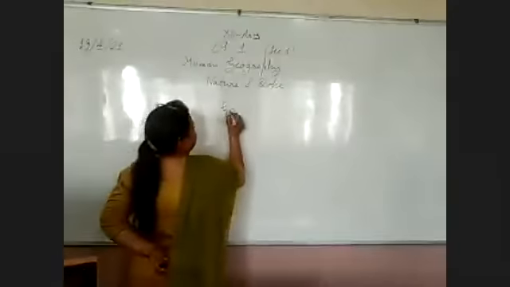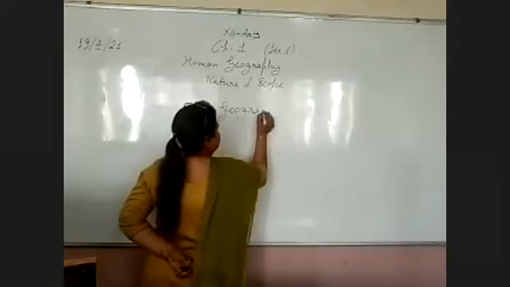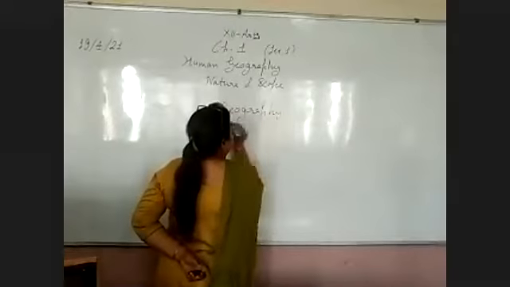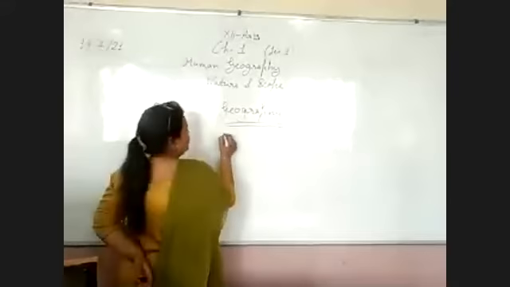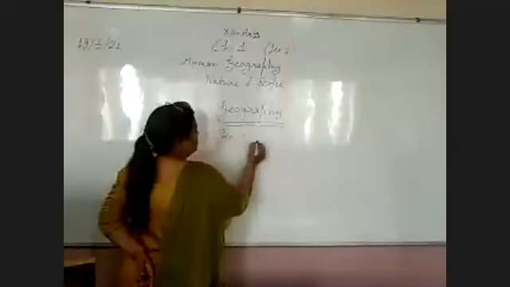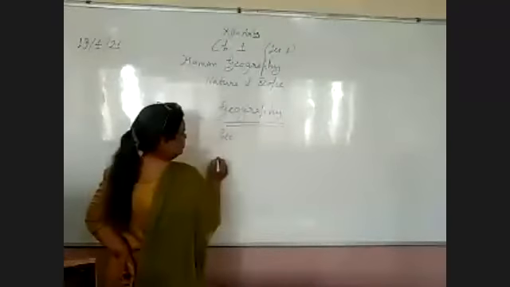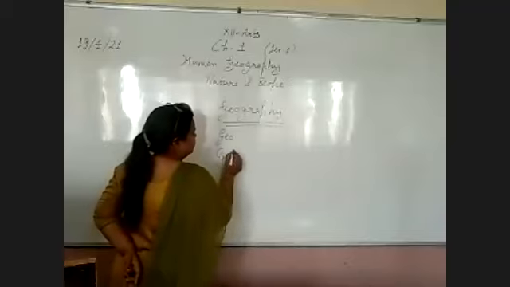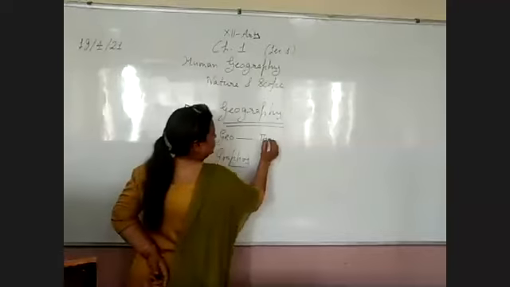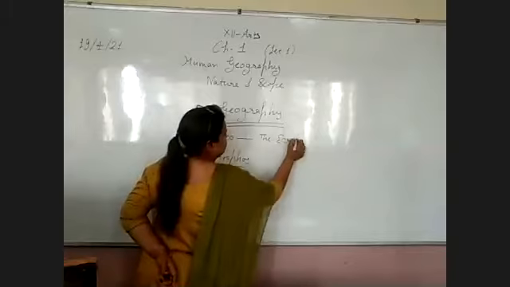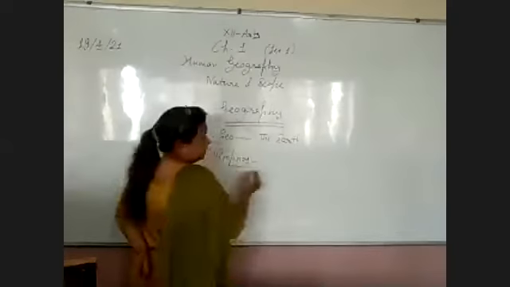First, what is geography? Geography is a combination of two words. First is geo and the second is graphos. Geo means the earth and graphos means to describe.